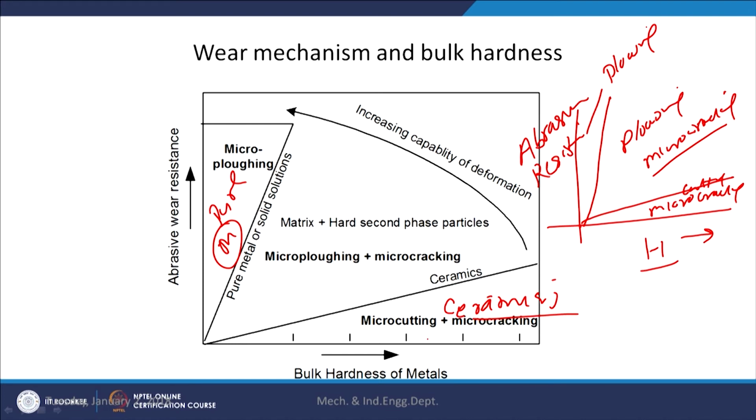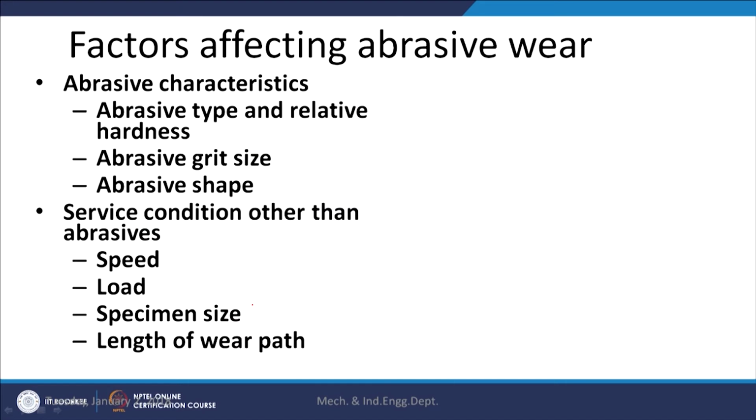The combination of ploughing and micro cracking is observed in those metal systems which have a combination of both hard and soft second phase particles, like where the matrix is soft and tough, while the ceramic particles or other second phase particles are hard and brittle. So, in that case a combination of the ploughing and the micro cracking will be observed. These are some of the characteristics or the factors which will be affecting the abrasive wear of the material.